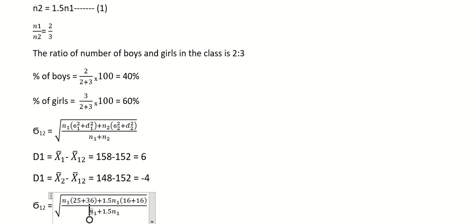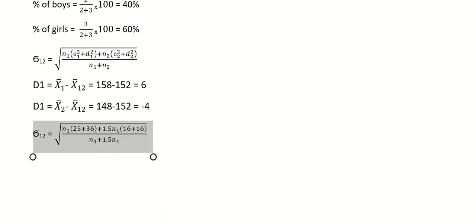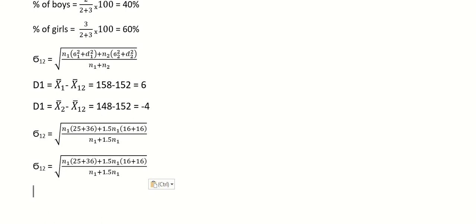So now I will solve it. 25 plus 36 becomes 61. So this is 61 N1, and 16 plus 16 is 32, and 32 into 1.5 is 48. So I'm writing 48 N1 here, right?